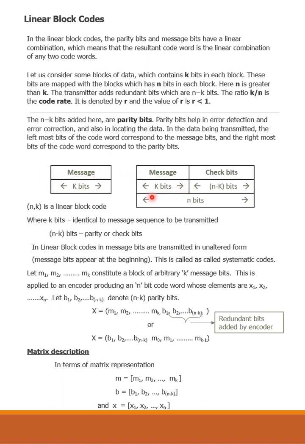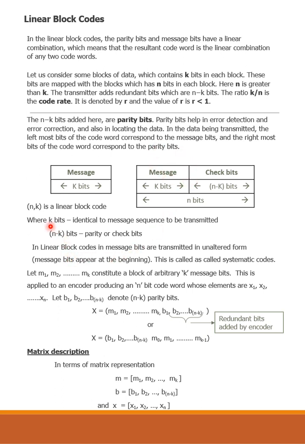Along with k bits, we are going to add check bits, which we call redundant bits, whose value is n minus k bits. The total number of bits in the information after adding check bits is n bits. So the n minus k bits are parity bits. Parity bits help in error detection and error correction, and also in locating the data.